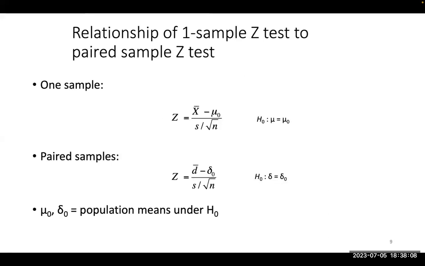Okay, there is one major difference, and that is really important. With a z-score or a t-score computation, you have the x bar minus your population mean, and you're dividing by the standard error of the mean.